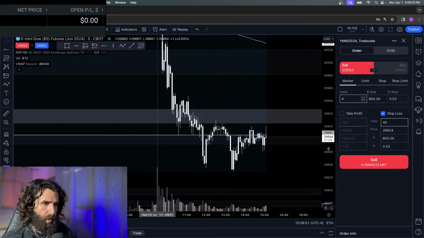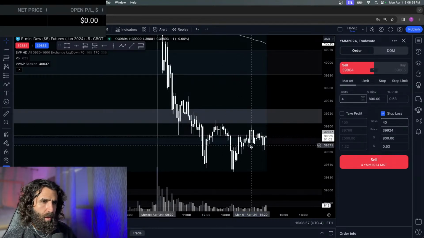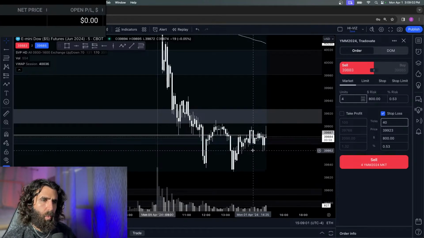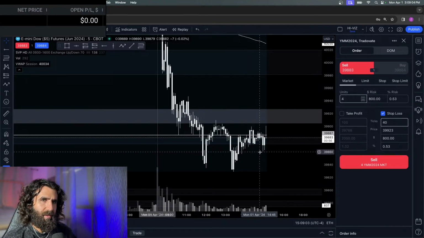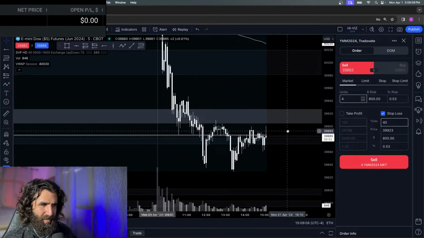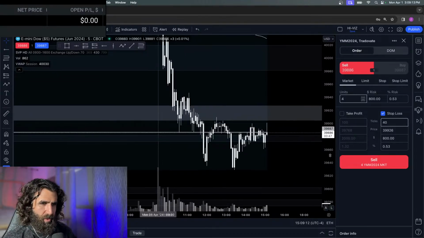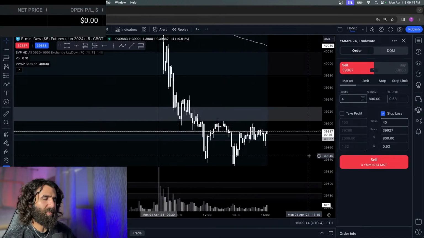Interesting right now. Kind of a long wick to the upside. Came all the way back up. Broke this high by one point, one tick. Maybe that's picking up all it needs to before the move, but again, that's just speculating candlestick by candlestick.